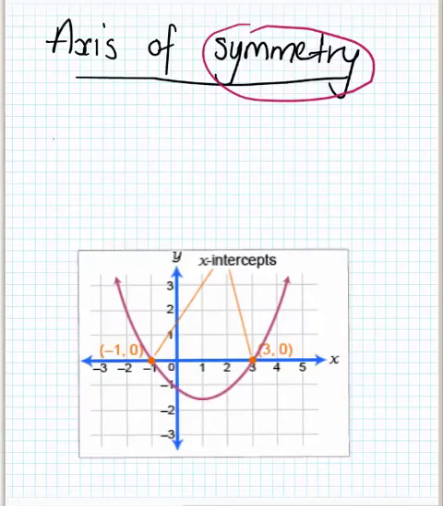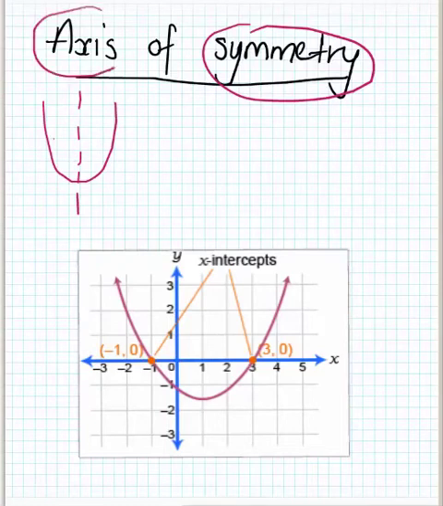Now, a parabola is also a shape that is symmetrical, because if I cut it in half this way, you can see both sides are mirror images of each other. They're the same, and we can fold this in half and there won't be anything left over. So that's what we mean by symmetry.